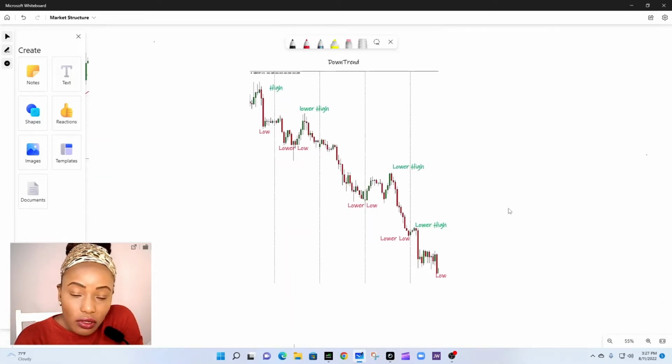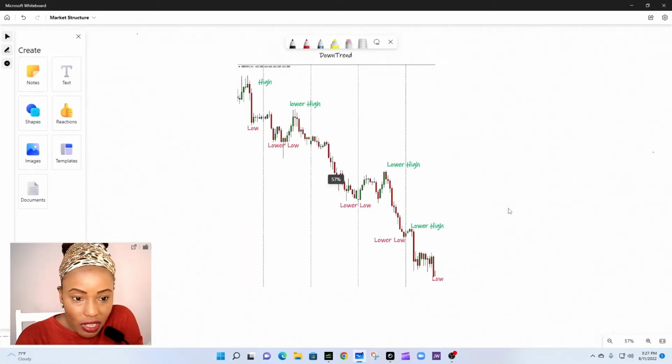So the principles are the same. First thing you need to do as a trader is determine the direction of the market. Where is the price coming from? Is it coming from a high price point, or is it coming from a low price point?